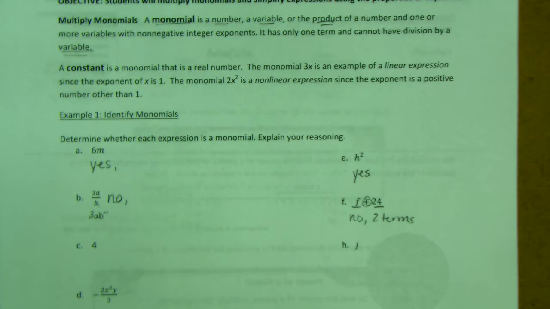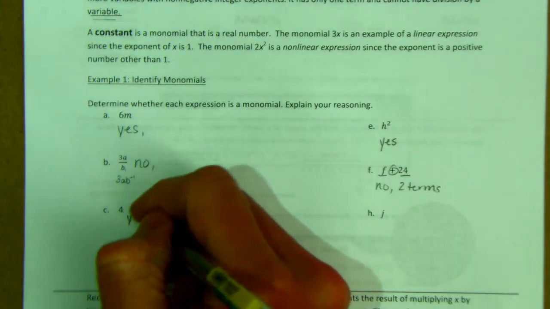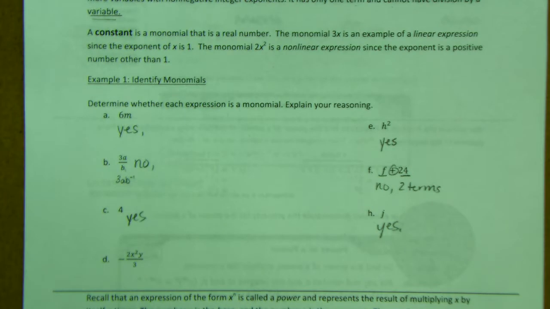C is going to be yes because it's just a number. H is yes because it's just a variable, and D is actually also yes. I know you're thinking, wait, Mrs. Burish, there's a fraction bar in there, but this just has a constant 3, so it's really kind of like 2/3 x squared y, so that is still a yes.